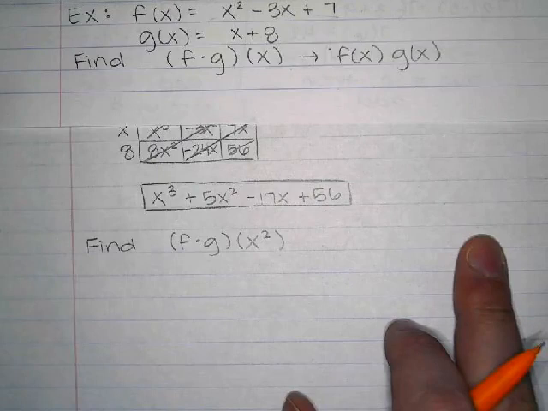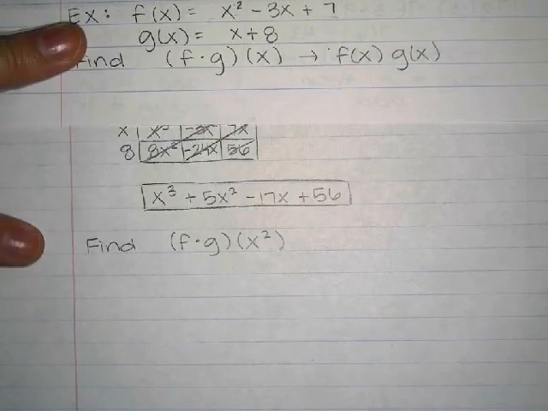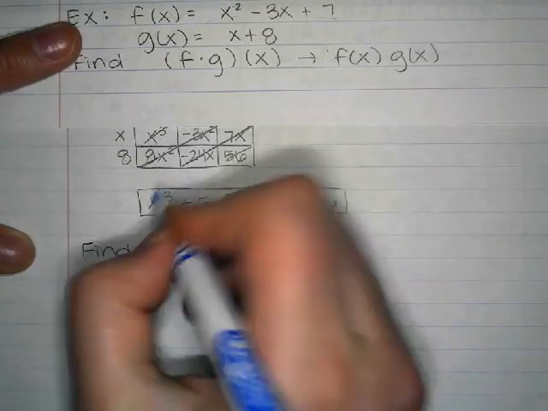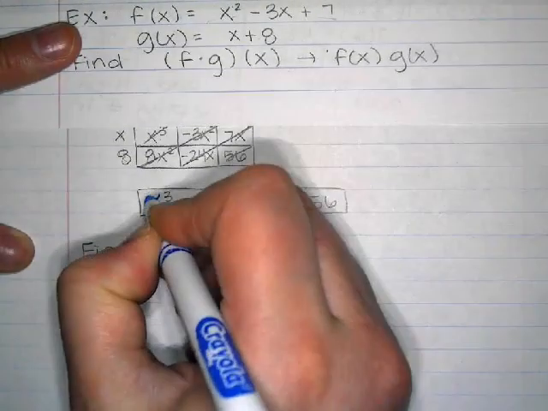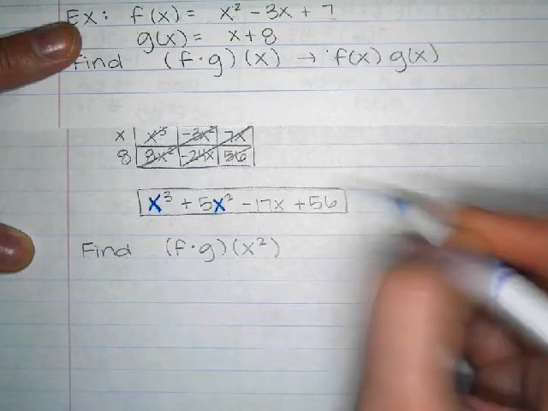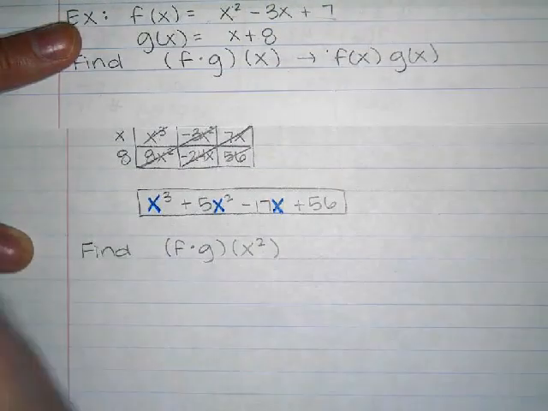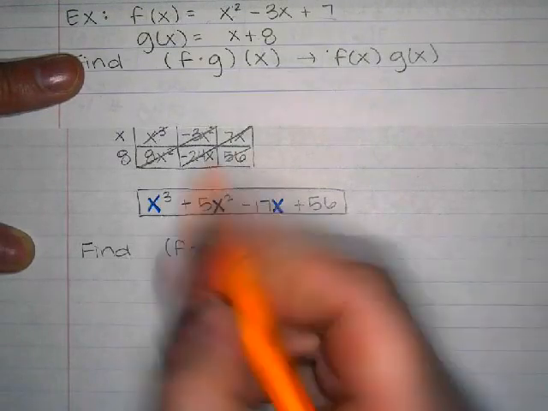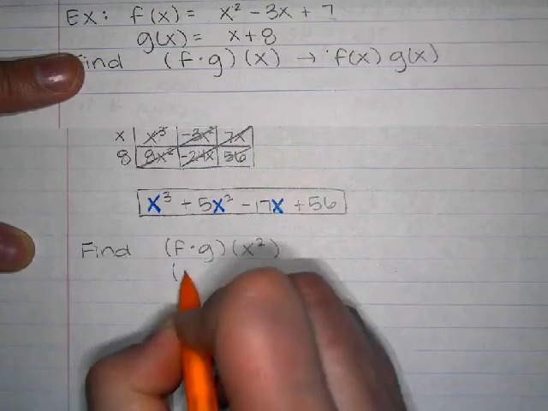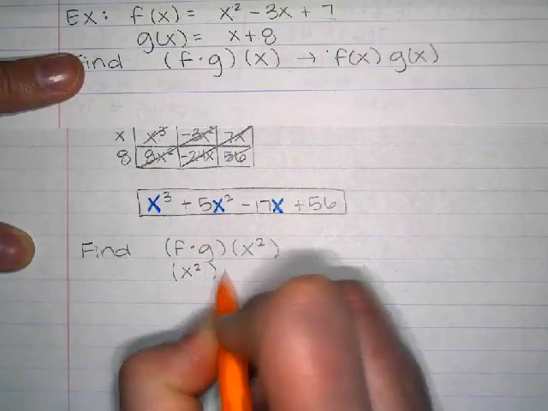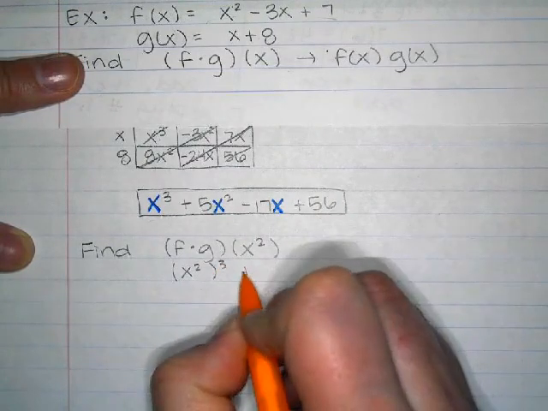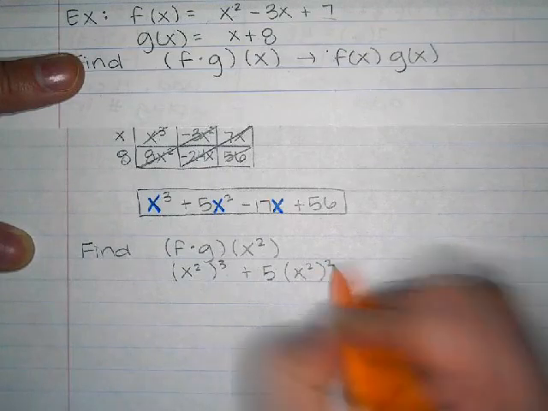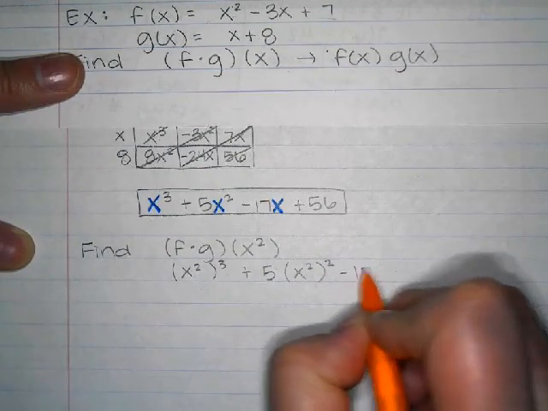Now we have to take the x's and plug in an x squared for all of the x's. So I'm going to say (x squared) to the third plus 5(x squared) to the second minus 17(x squared). That one didn't really need a parenthesis, but I put it anyway, plus 56.